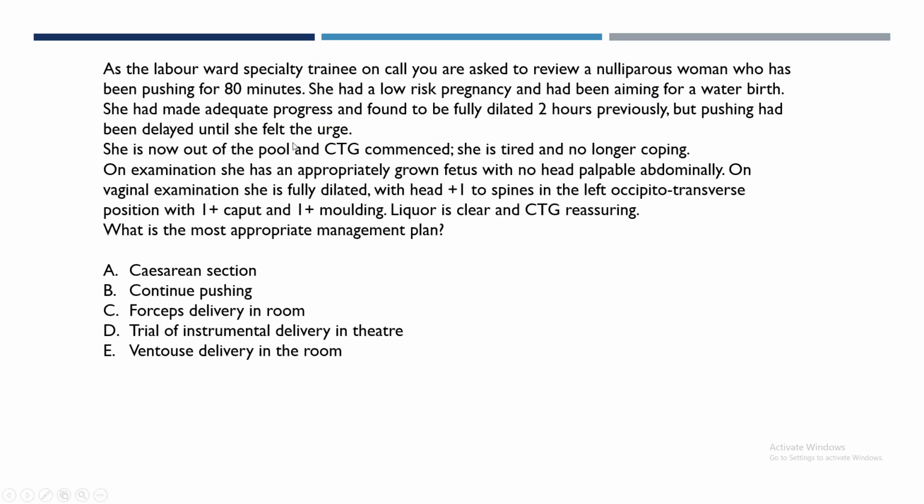But she has already crossed 2 hours of the passive stage. So you can wait for 4 hours if she is coping properly. If the progress is adequate, then you can wait for some more time. But now she is not coping well. Also, she is tired and already pushing for 1.5 hours. So go for trial in the theater. Answer is D only.